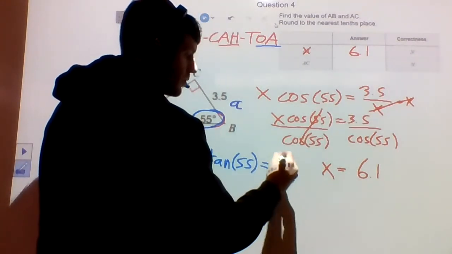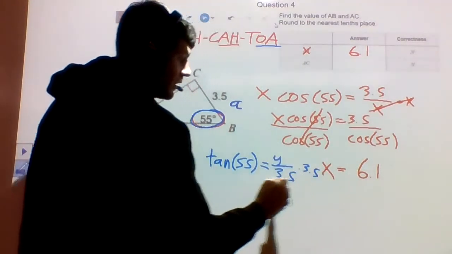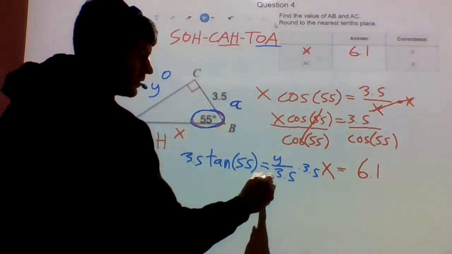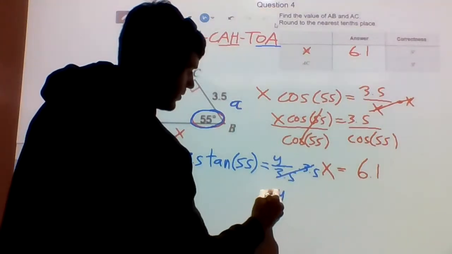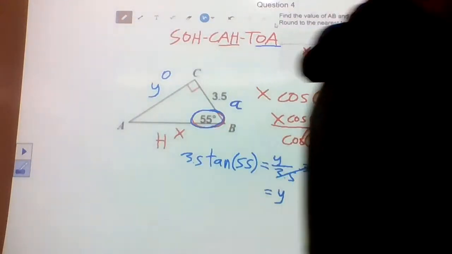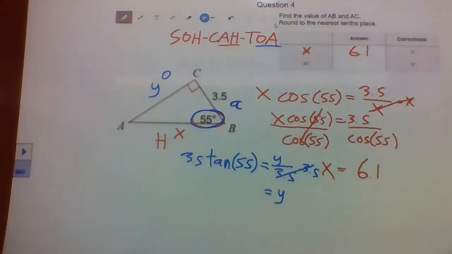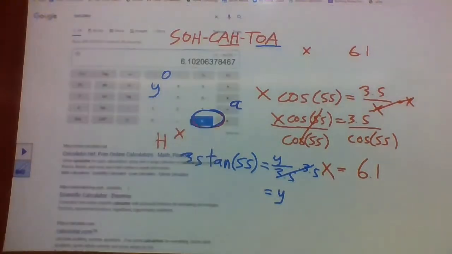Okay, we're trying to solve for y, so we're going to multiply 3.5 on both sides. So we need to do 3.5 times tangent 55 in our calculator. And just again to show you what we're doing, we can do it together. So that's going to be 3.5 times tangent 55, and that should be 4.9985.